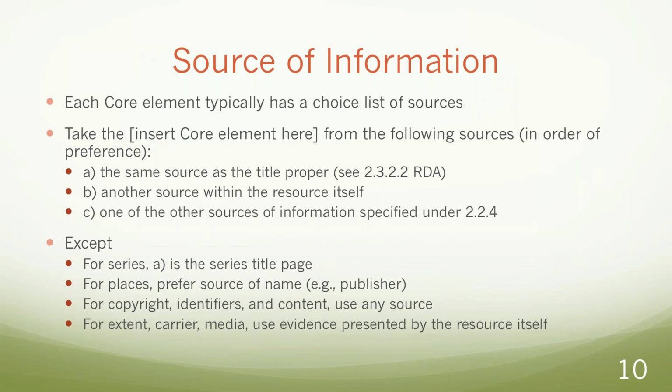Copyright, identifiers, content types, you can use any source of information. It doesn't matter where that comes from, even if it's your own knowledge. And then the extent, the carrier, the media type, all of that will be evidence that is presented by the resource itself, so you will deduce it or put it together, for example.